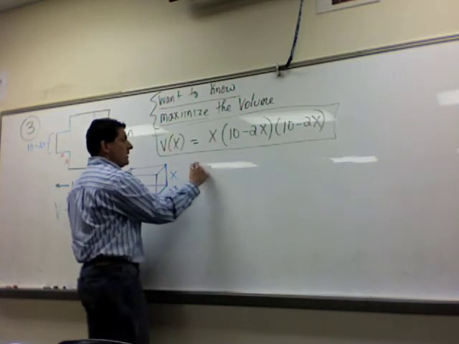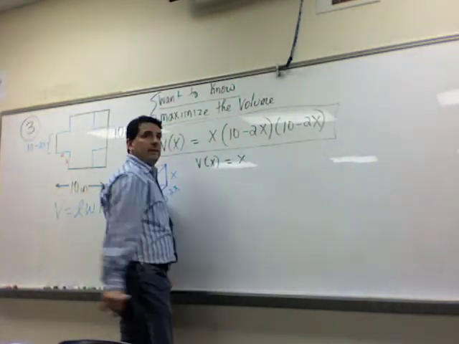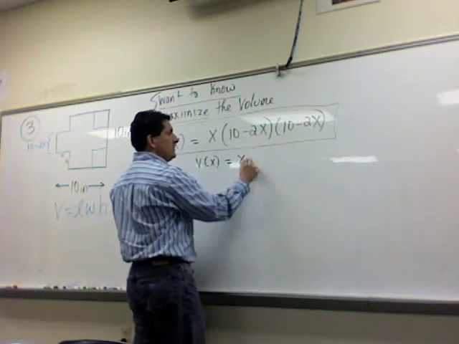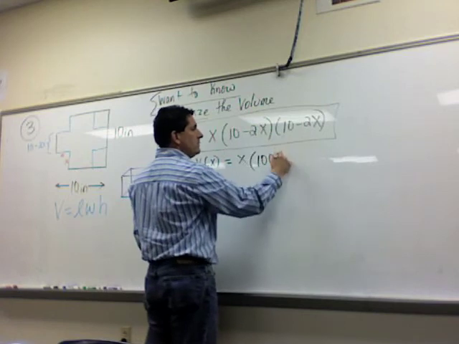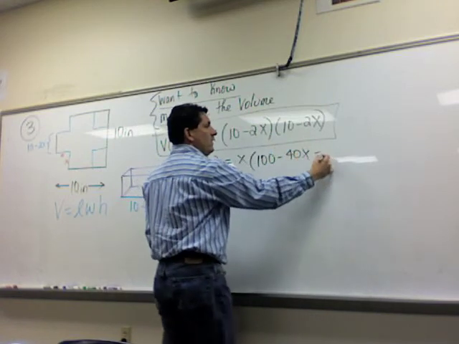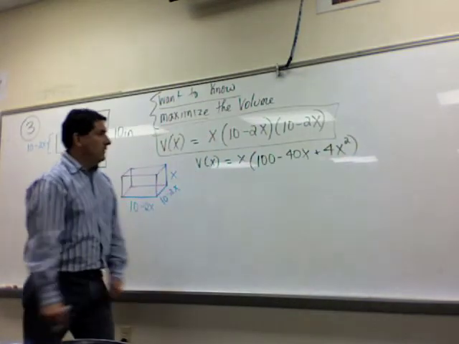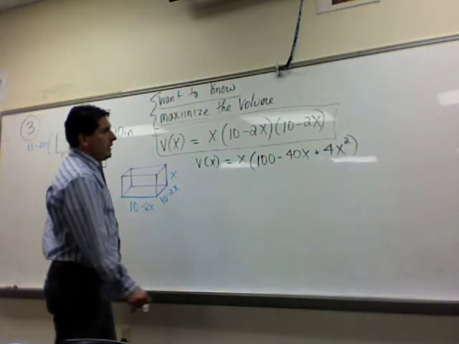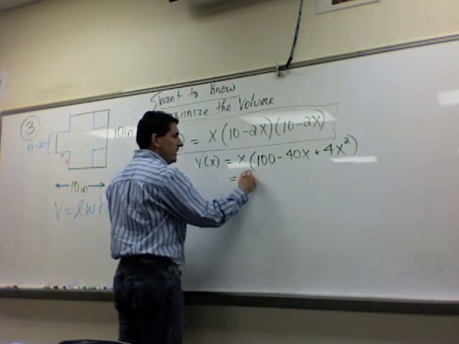So here we go. V of x is equal to, I'm going to leave the x on the outside for right now. Those two guys are the same. That's 100 minus 40x plus 4x squared. And then distribute that.